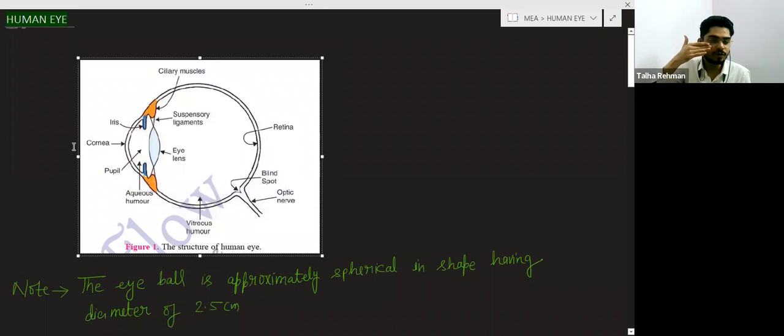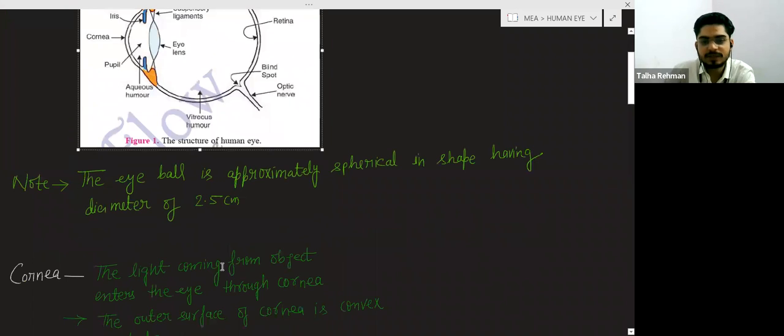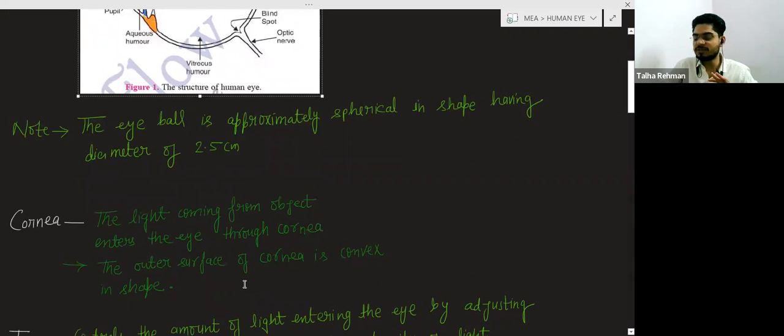The front layer on your eye is the cornea; in the form of a layer, you can say it is a type of lamination. I'm not going deep, but you should know that the light coming from the object enters the eye through the cornea. The outer surface of the cornea is convex in shape. That's enough, you can write this information in the exam.